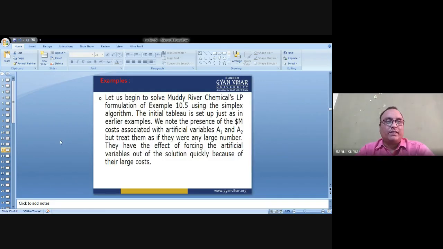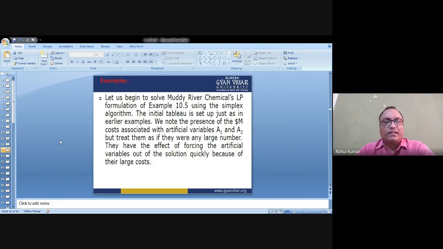These are the examples. Let us begin to solve the Muddy River Chemical linear programming formulation, for example 10.5, using the simplex algorithm. The initial tabulation is set up just as in the earlier example.